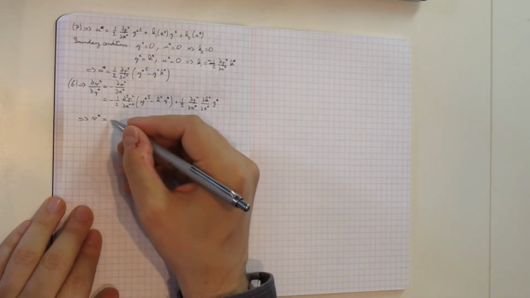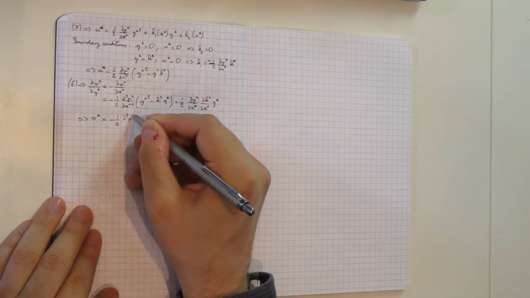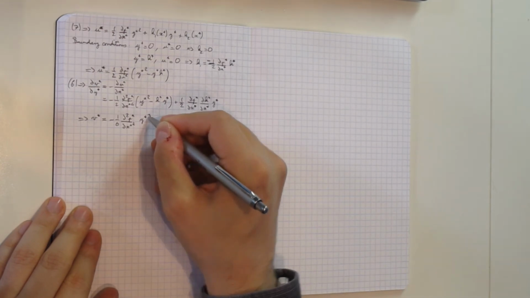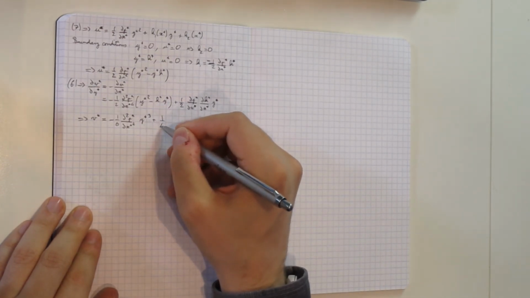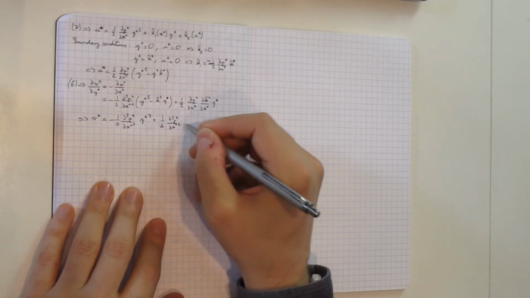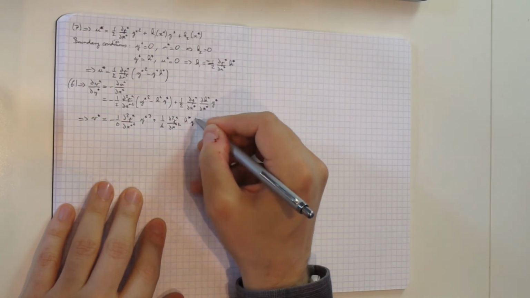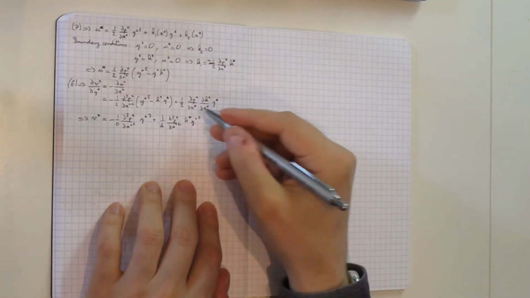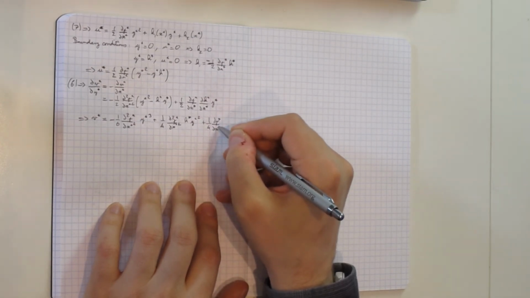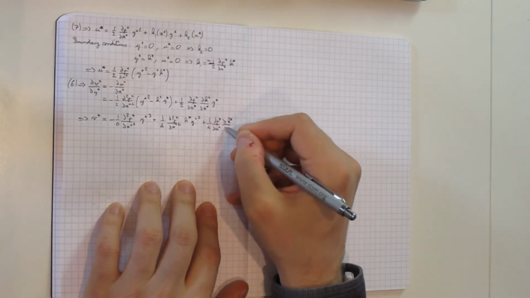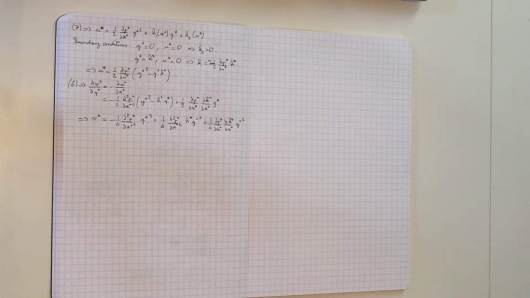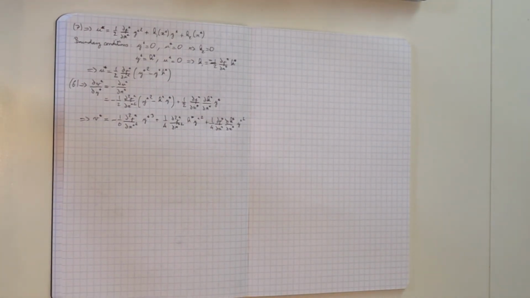That will give us minus 1/6 of d2p star by dx star squared y star cubed plus 1/4 of d2p star by dx star squared h star y star squared, and that term here becomes 1/4 dp star by dx star dh star by dx star y star squared. So that's our velocity in the y direction.